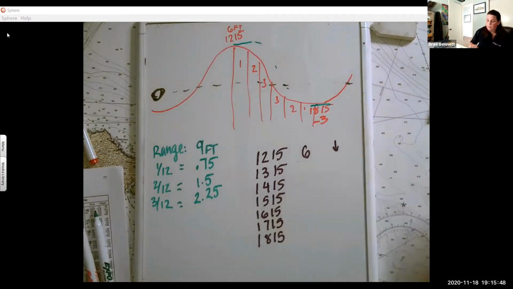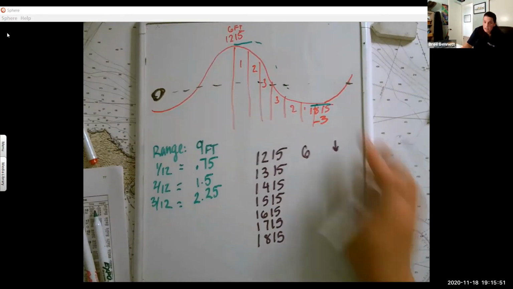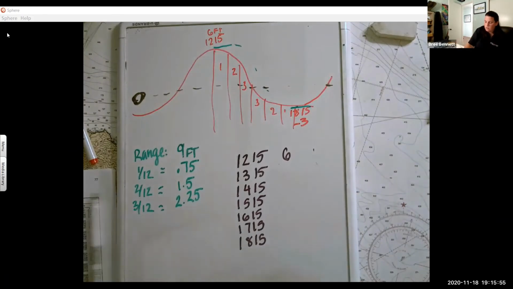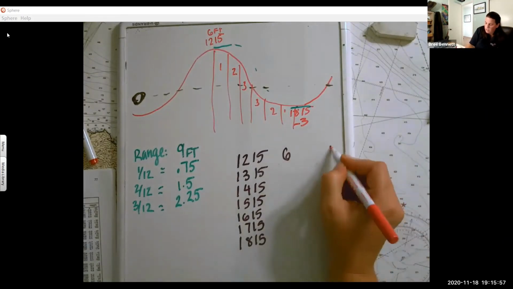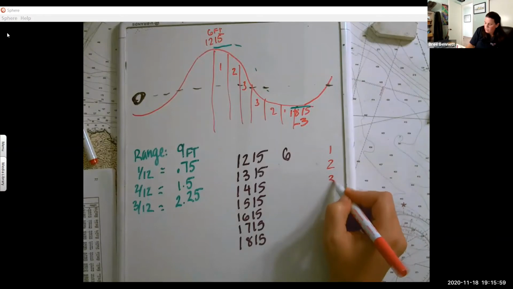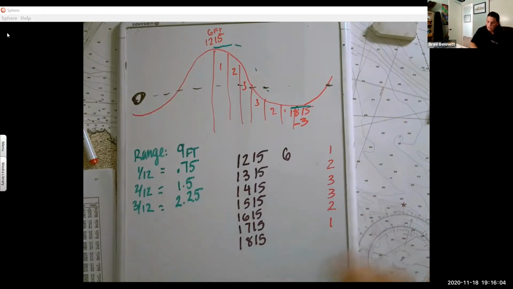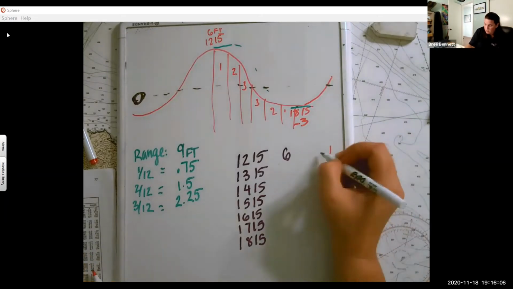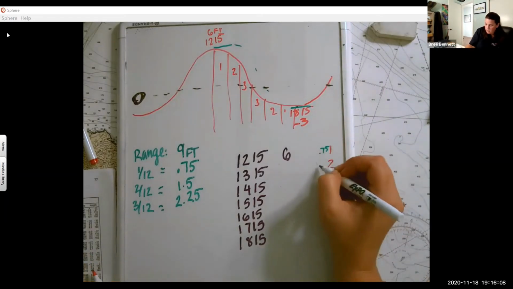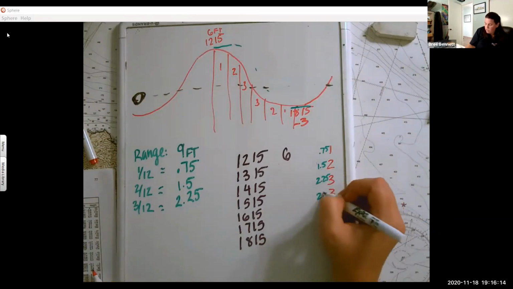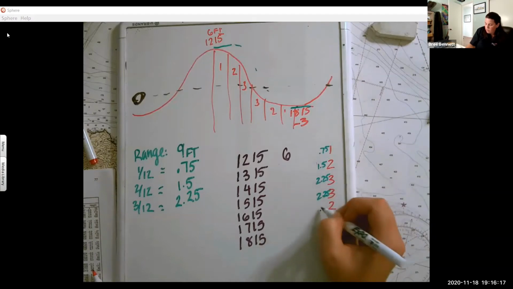I know it's going down. The first hour, I'll put it next to it here. We have 1, 2, 3, 3, 2, 1. So that means 1 is 0.75, 1.5, 2.25, 2.25, 1.5, and 0.75.